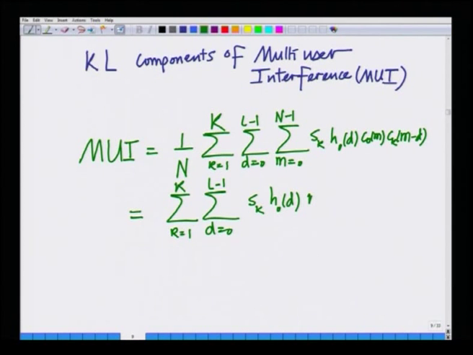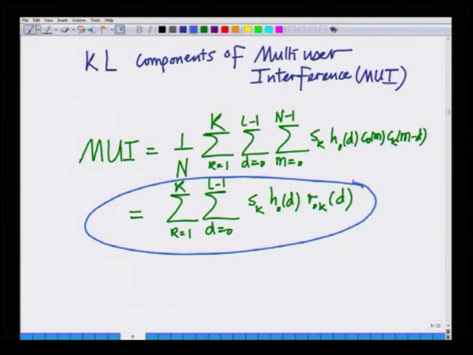Hence, I will write this as R 0 k with lag of d. So, this is essentially the MUI term, the multi user interference term in the CDMA system.